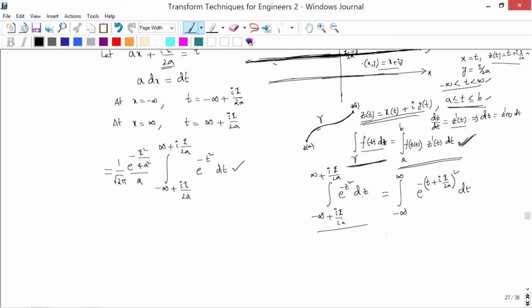Writing it out, the integral from minus infinity to infinity of e power minus t square, where t is real, times e power xi square by 4a square dt is the real part. No, this is not the real part. What is the real part? This is the real part, and you have e power minus i xi by 2a, which will give you cos of xi by 2a.